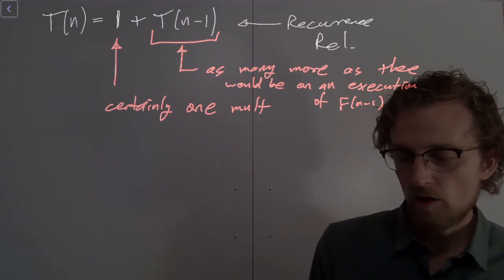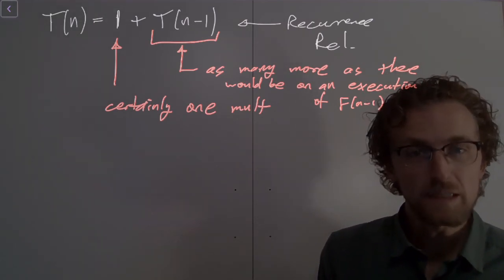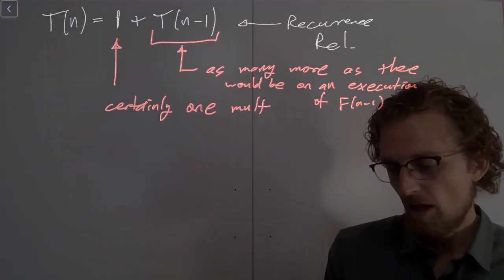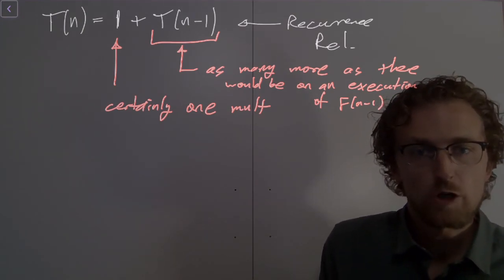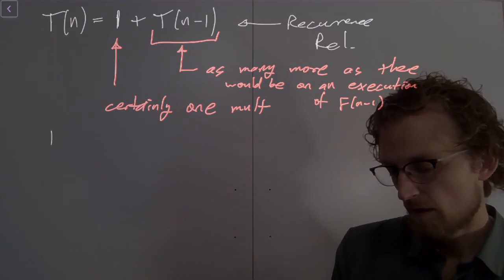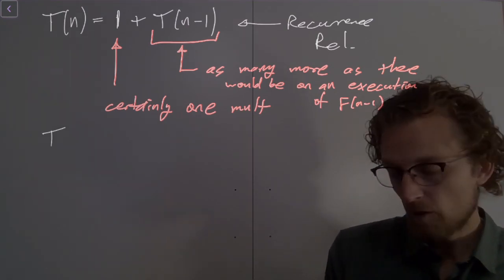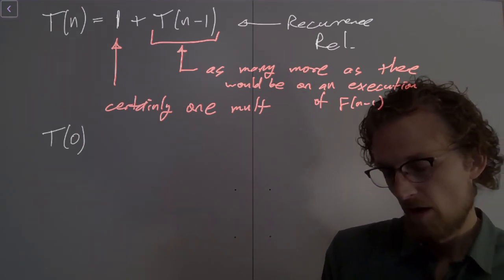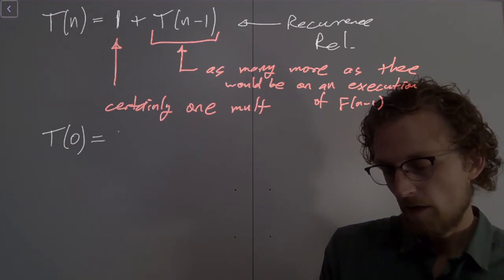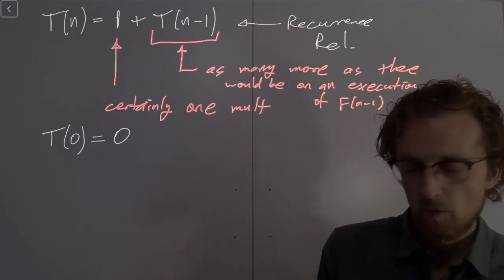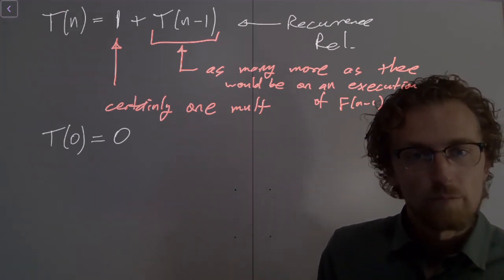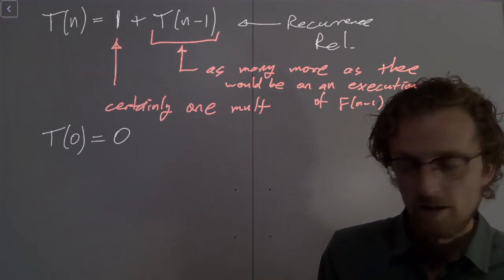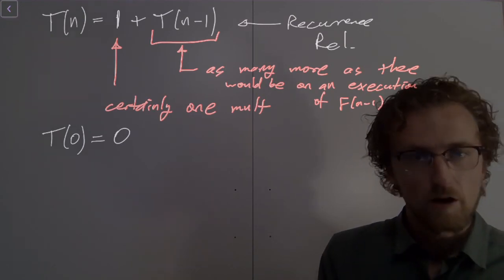Notice that this isn't quite complete, because we also need to include our recursion base case in this. So we need to include the stopping criterion. What's our stopping criterion? Well, it's T of 0 equals 0. What does this mean? The function T means the number of multiplications we perform to compute factorial of the argument.